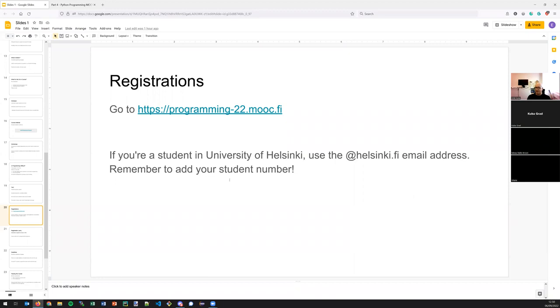This makes it a lot easier for me to register your grade later. If you're from Open University, or if you're not a student at Helsinki, then you can use whatever email you want. We can still register your grade, but it's a bit more complicated for me, so it makes my life a little bit easier if you use this email and your university student number.